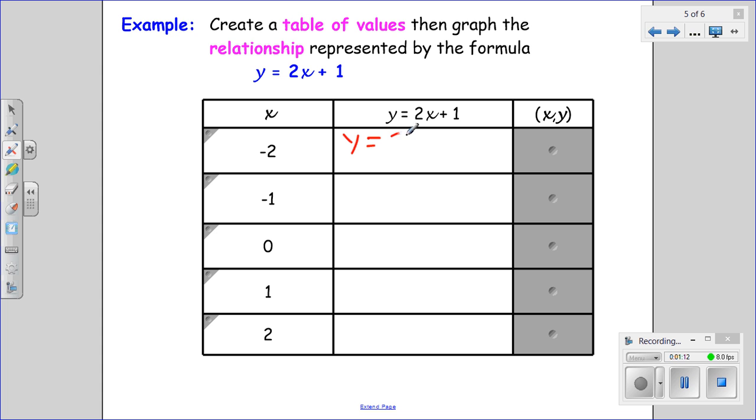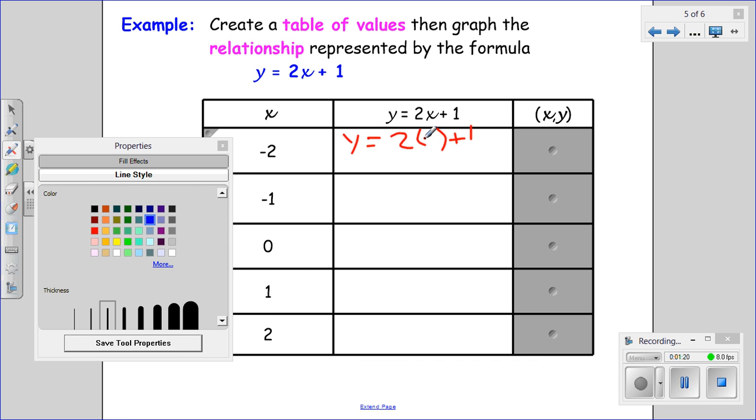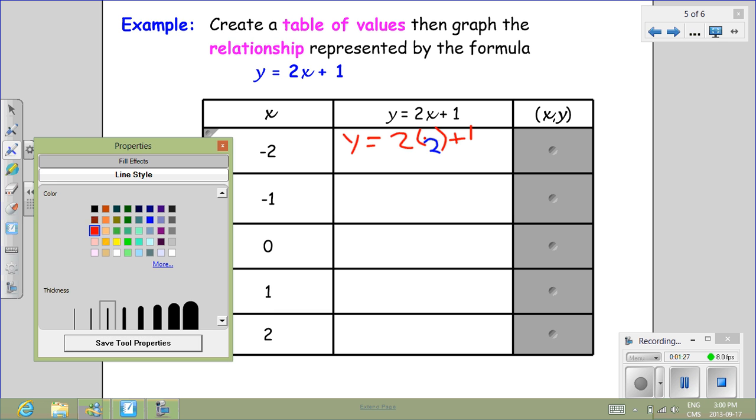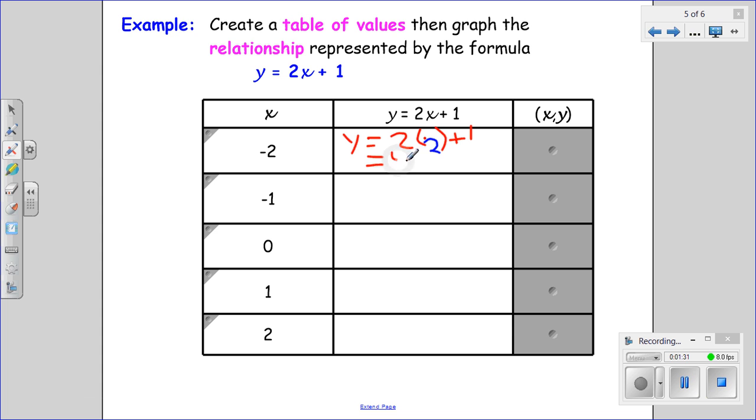So we copy the equation exactly as is, but instead of putting the x in, we put brackets. And then we're going to put the value of x in. Then we need to use our order of operations to evaluate this. And 2 times 2 is 4, plus 1, which equals 5.